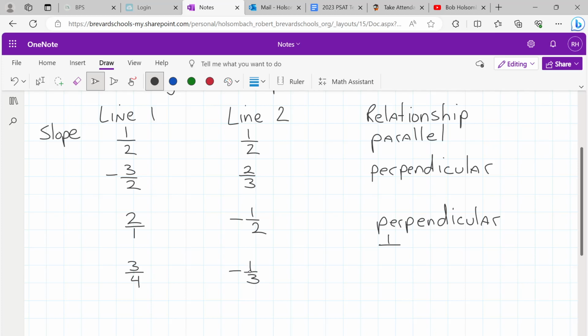Are they perpendicular? No, because their slopes aren't negative reciprocals, so the lines are neither. They're not parallel and they're not perpendicular. So today, when you're asked to determine whether the lines are parallel, perpendicular, or neither, just find the slope of each line. Okay?